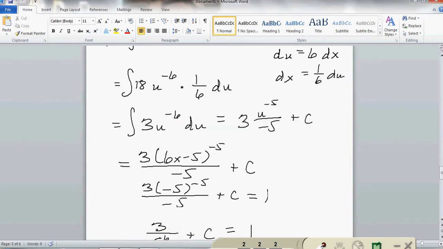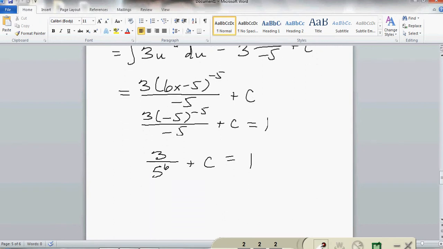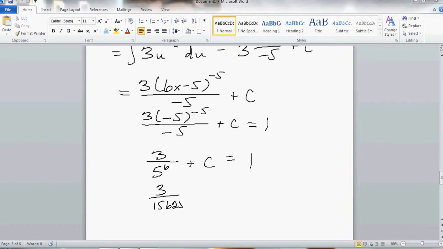Okay, I was finally able to find a calculator. And so this becomes 3 over 15,625 plus c equals 1.